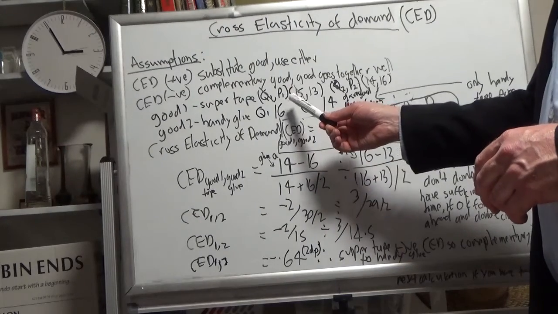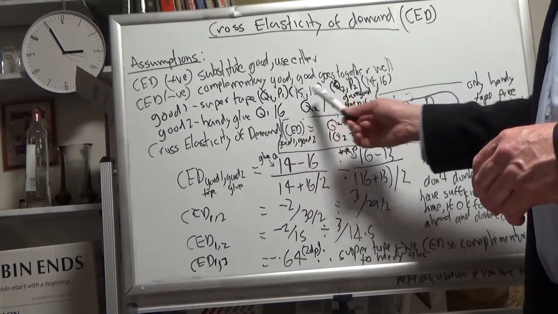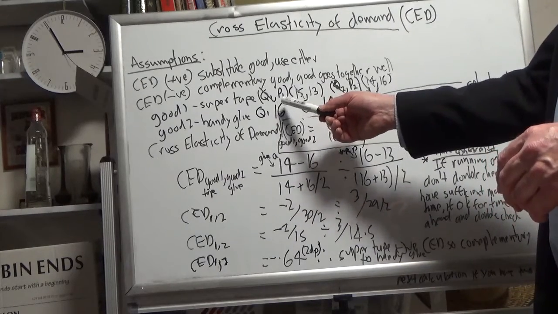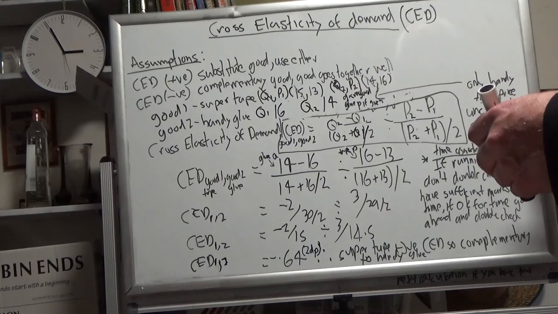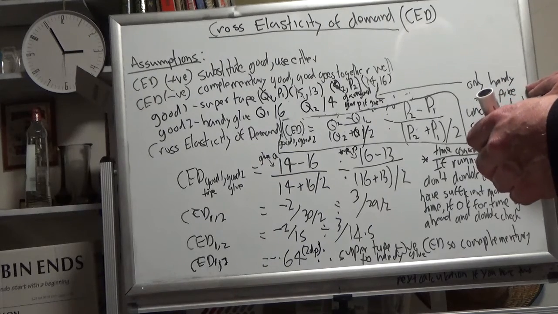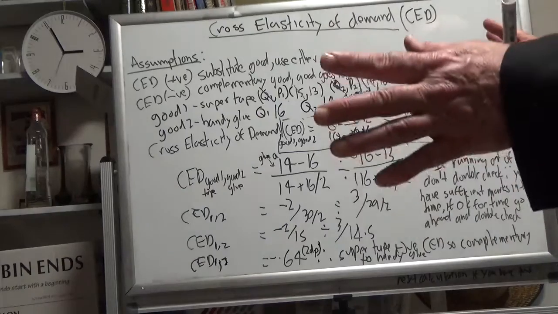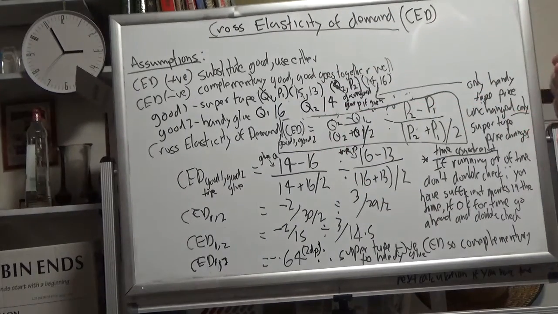And that's the Q1, Q2, which we ignore because we're only looking at the price. Yeah, so the handy glue is the second good.